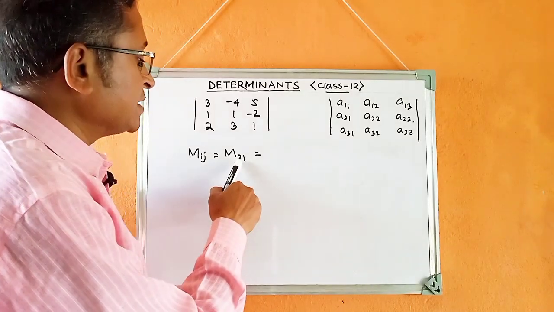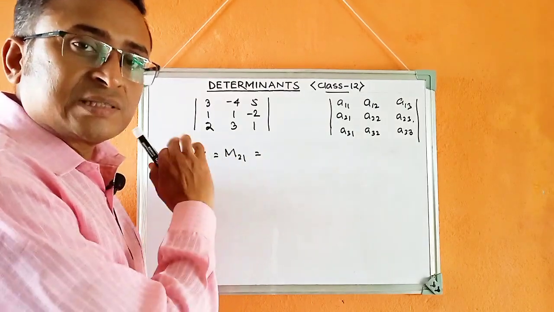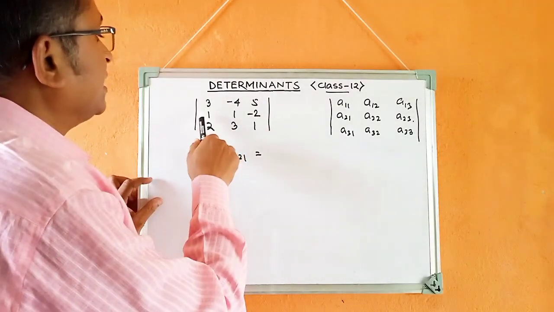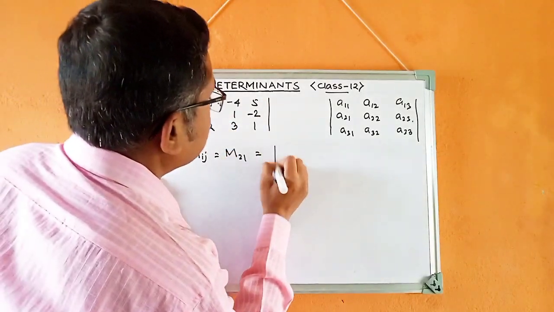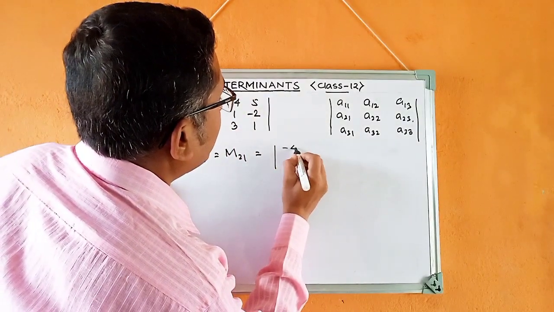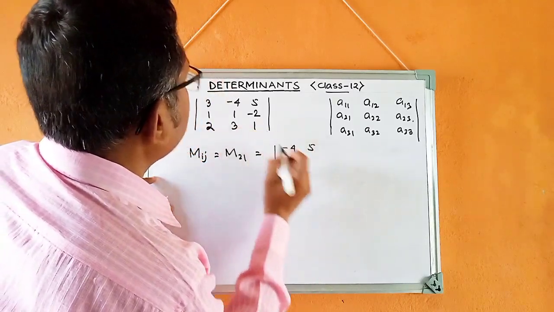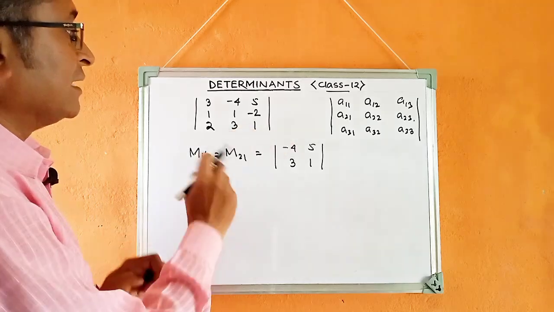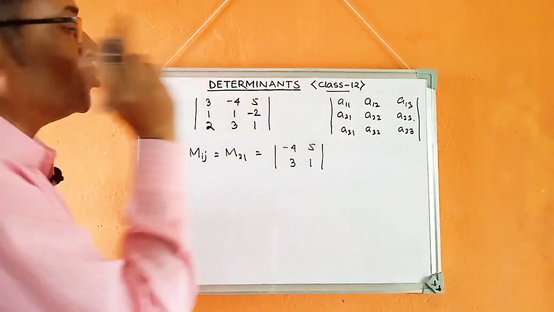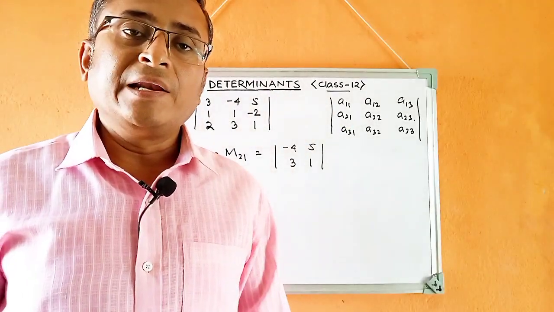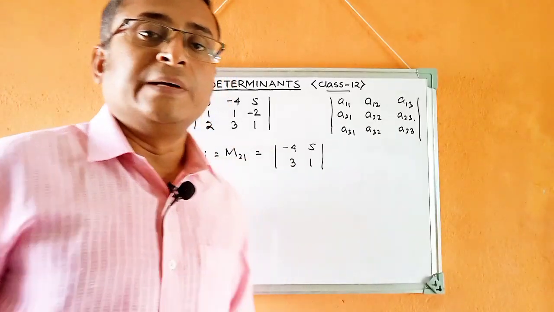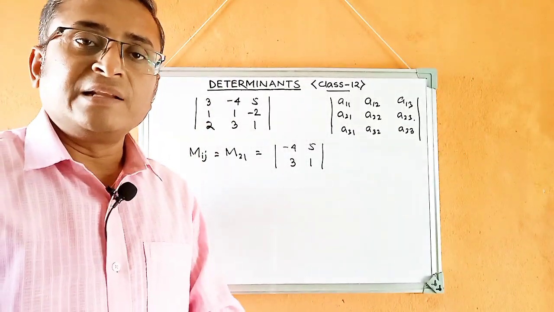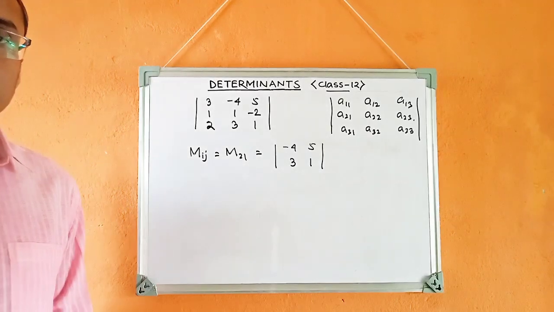So the minor of this element is found by deleting the ith row and jth column. Here i is 2, so the second row, and deleting the second row and first column, we get minus 4, 5, then 3, 1. Okay, so this is the minor of that element A21. You find the minor of all the elements of that determinant. The process is the same.